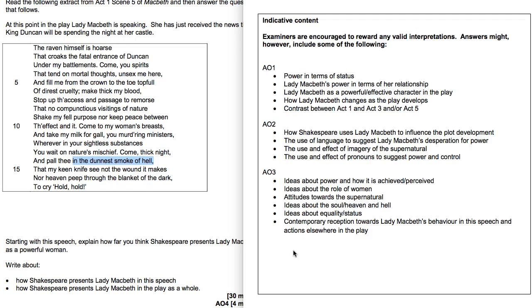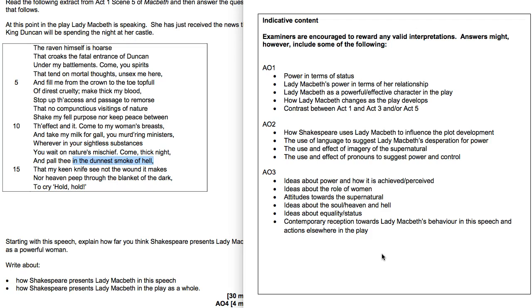So, some key things that we've learnt from the mark scheme. If we use the indicative comment, we prepare ourselves for almost any question. If the question were about Macbeth, many of these facts that we've looked at would still apply. Obviously, they apply to any question about Lady Macbeth, no matter what extract we get given.